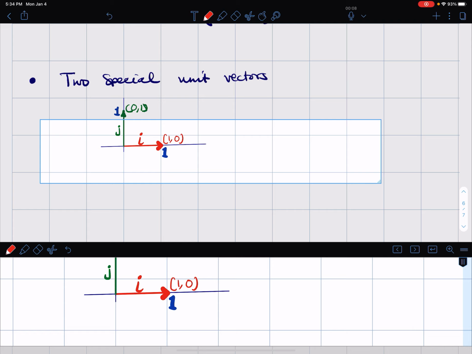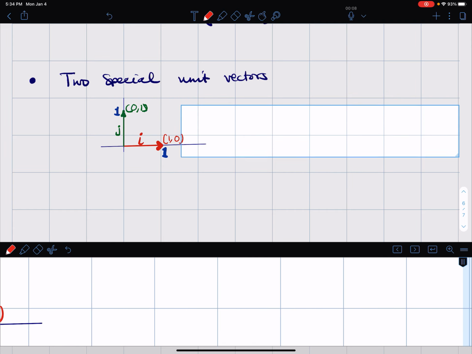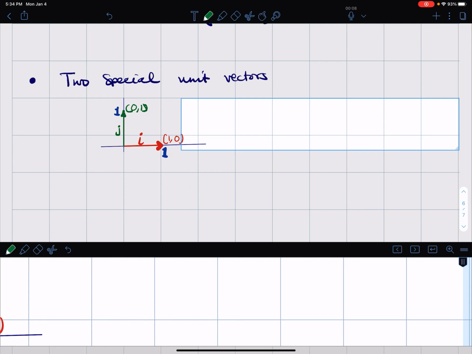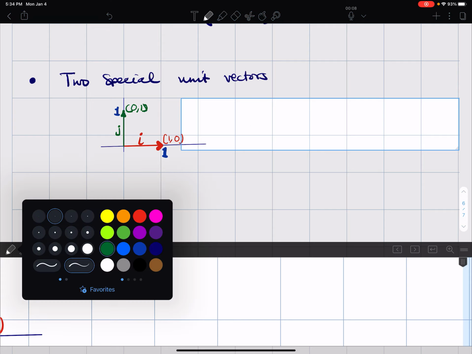So this is very simple to write. These two unit vectors, let's start with i.